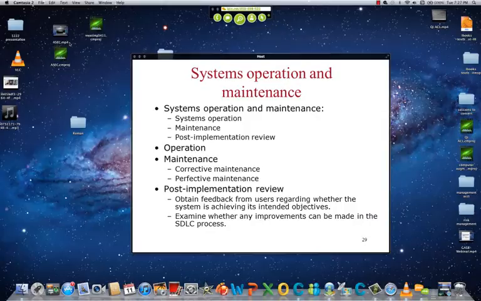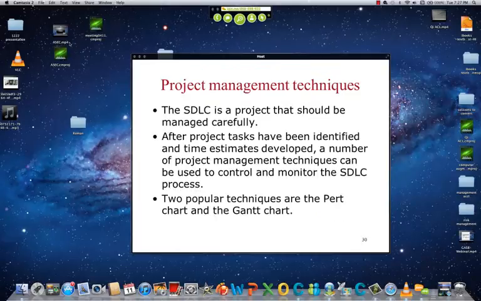Does it work very well? Is it of benefit to us to use the system, and so on? All this will be examined and reviewed. It's called post-implementation review.